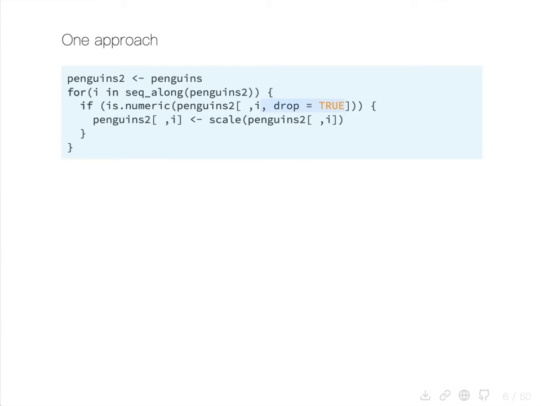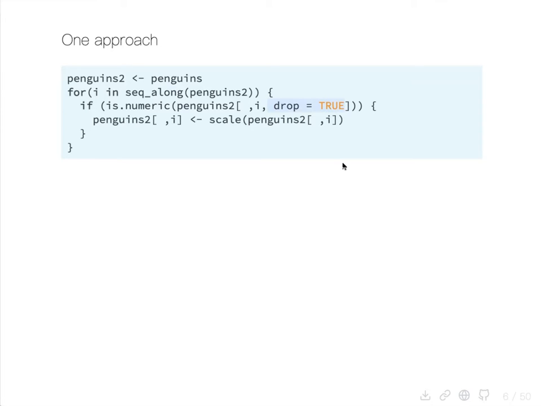So had we said as.data.frame on penguins, then we wouldn't have needed drop equals true. Most of the time, in my experience, it's better to have drop equals false. It's better to return the data frame rather than just the numeric column. I think that's a good default, but it does make things a little bit more tricky in cases like this.